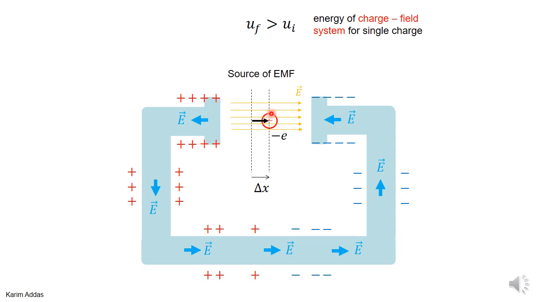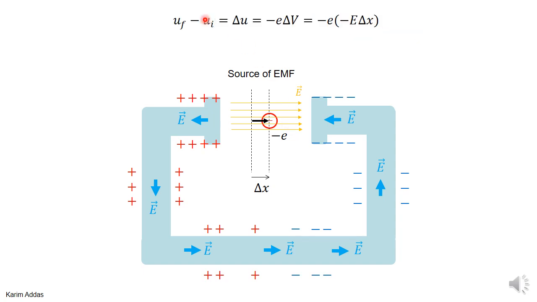But because the battery has some way of applying a force on the charge in the opposite direction, there is some force applied to the right to force it to go to the right. And so the charge will move some distance delta x, and in that case the potential energy of the charge-field system will be larger when the charge is at this position.